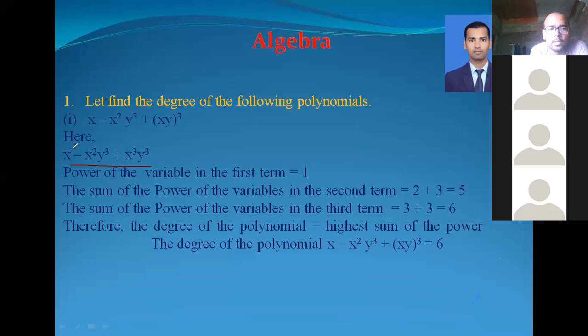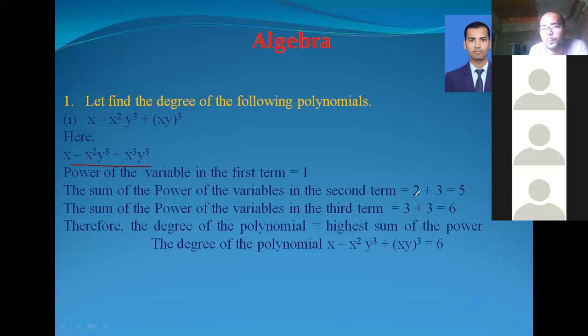What are the variables in the second term? There we have x and y, where the power of x is 2 and the power of y is 3. So the sum of the powers in the second term is 2 plus 3 is equal to 5.